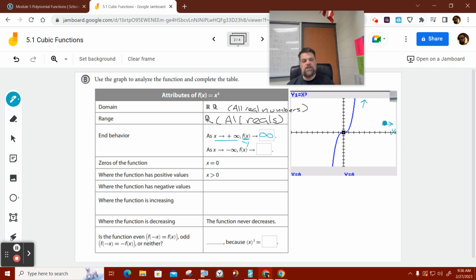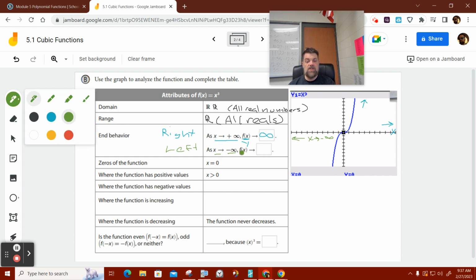All right, different colors so that you guys can tell the difference. Now, when I say as x approaches negative infinity, we're going to the left. That's all that means. This means going to the left. This means going to the right. And it's based on what x is doing. When I go to the right, x approaches positive infinity. When I go to the left, x approaches negative infinity.